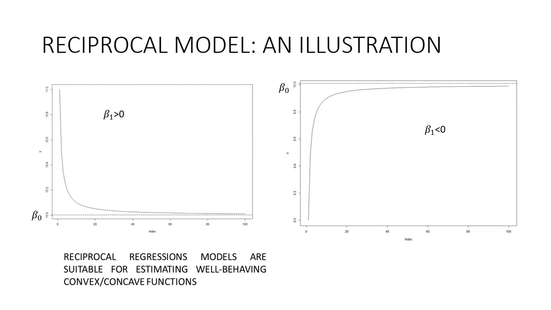Okay, so these models are appropriate for estimating well-behaved convex and concave functions. For instance, you can see that this one looks very similar to the Phillips curve. You can easily put inflation here, unemployment here, and this will be the relationship between inflation and unemployment as predicted by economic theory.